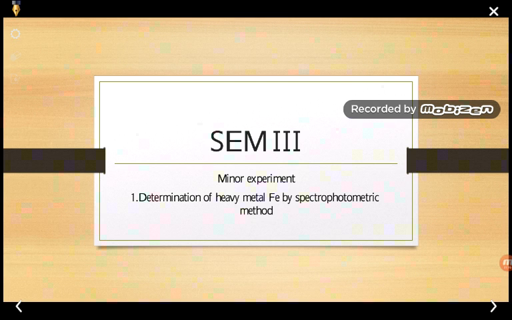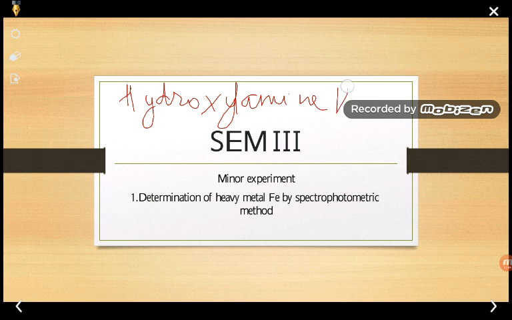So for the experiment, determination of heavy metals like iron by spectrophotometric method, we require certain chemicals. The first one is the hydroxylamine hydrochloride solution.